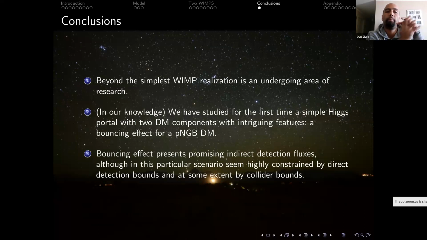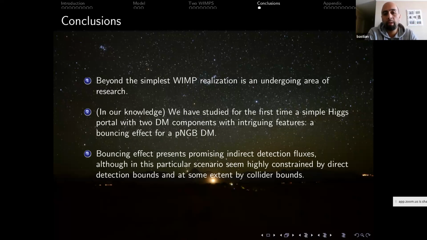So WIMPs, the simplest WIMP realization, is an ongoing area nowadays in particle physics. There are different scenarios, different symmetries, different thermal paradigms in order to decouple the WIMP or the dark sector from the thermal bath.